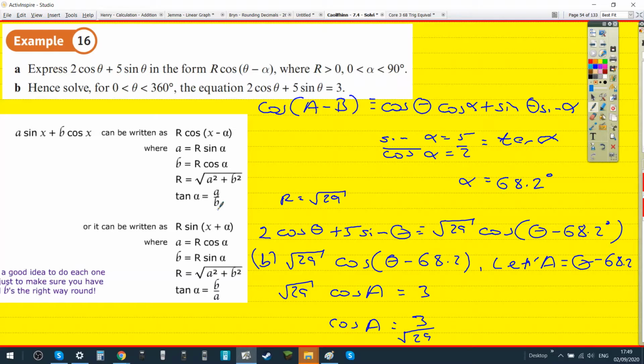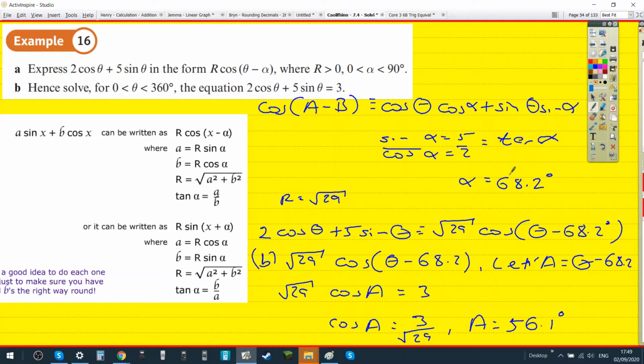And then A equals cos to the minus 1 of 3 over root 29, which gives us 56.1.